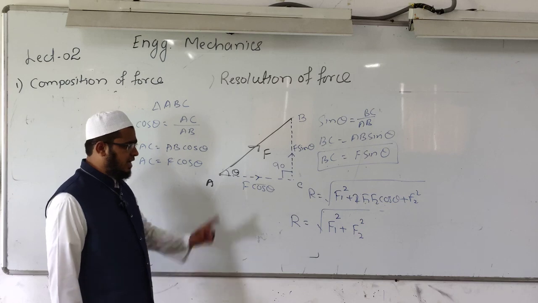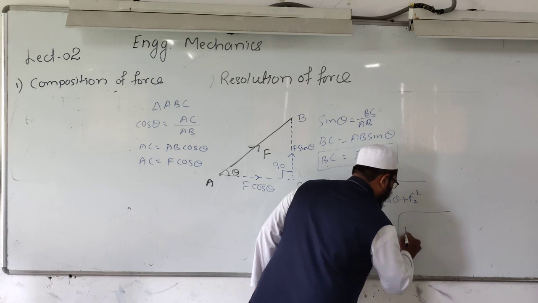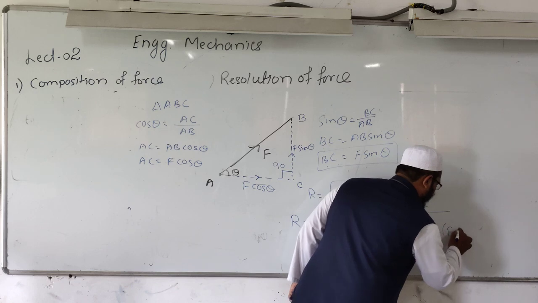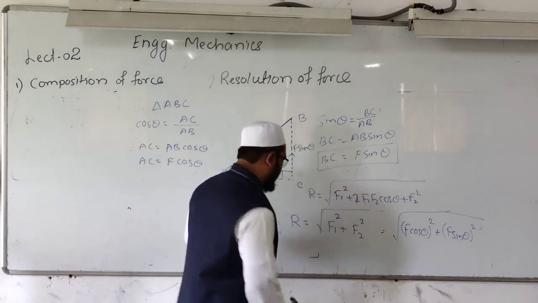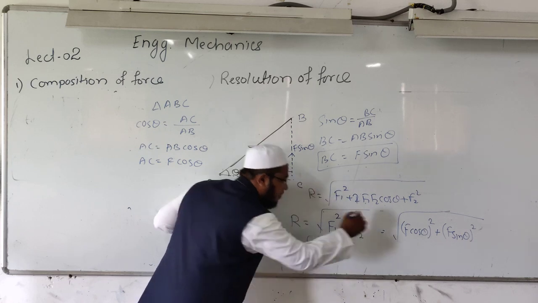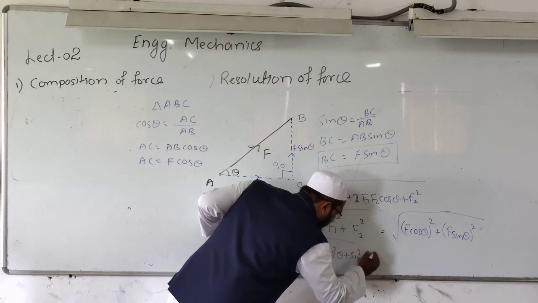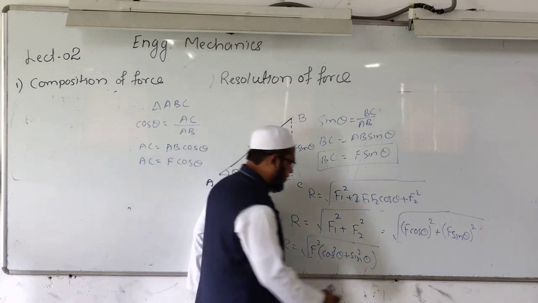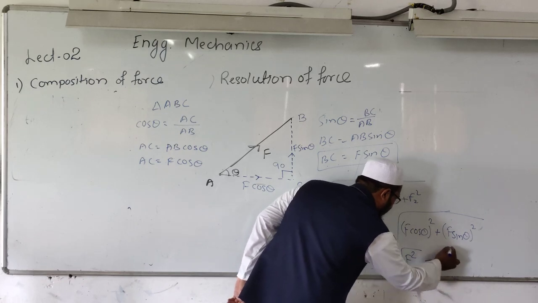If you put the values of F1 square and F2 square, F1 is F cos theta and F2 is F sin theta, then the equation of R becomes the square root of F square common in both, cos square theta plus sin square theta. Cos square theta plus sin square theta is 1. Therefore R equals the square root of F square, that is equal to F.